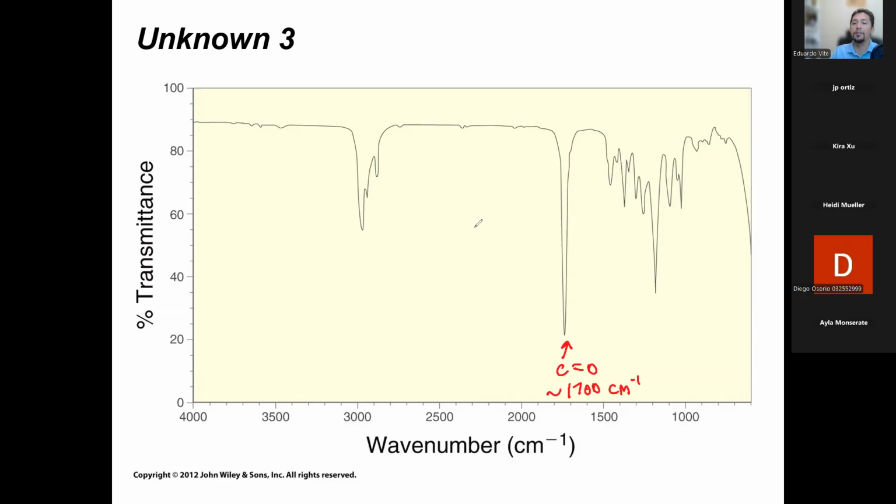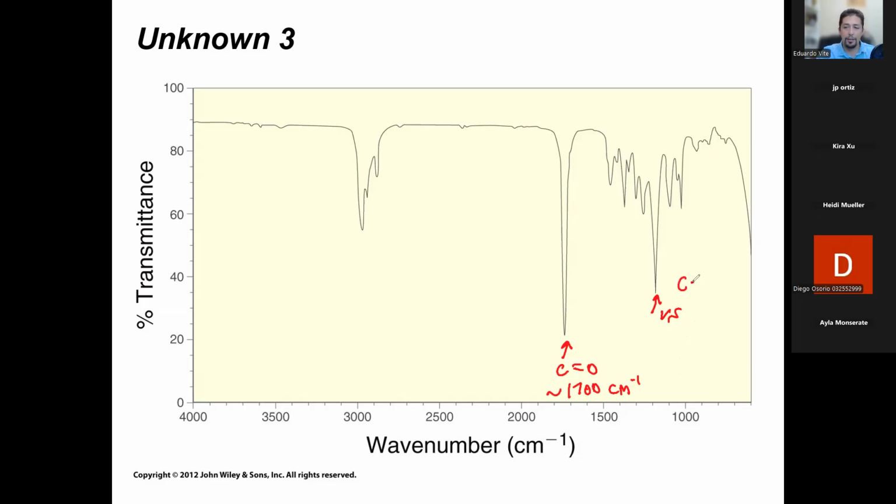So what type of carbonyl is it? Is it an ester carbonyl? Well, if it was an ester carbonyl, you would see a peak of similar shape and size at 1100. Is that what we see? Well, we see this peak, but it is very sharp. We say VS, very sharp, medium peak, and it is at 1200.